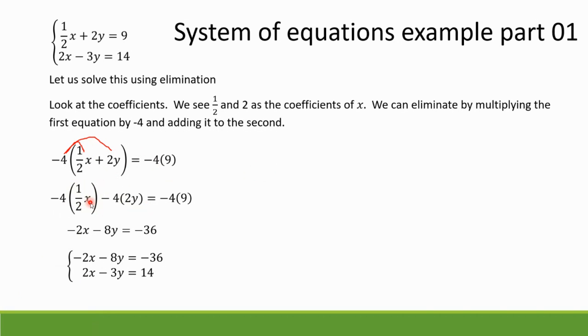We get -4 times 1/2 times x, -4 times 2y is -4 times 9. What does that equal? Well, this becomes -2x, this becomes -8y, and this is -36.